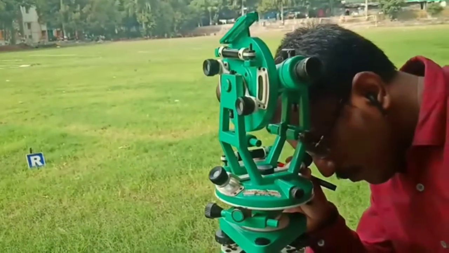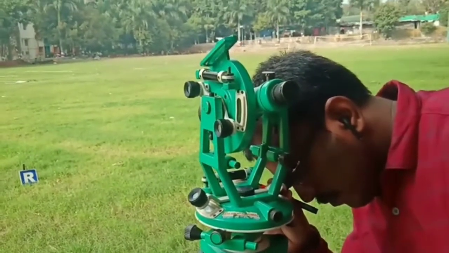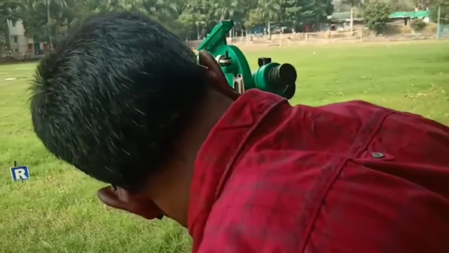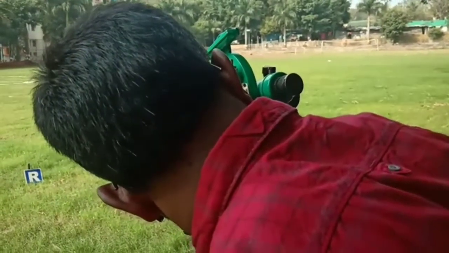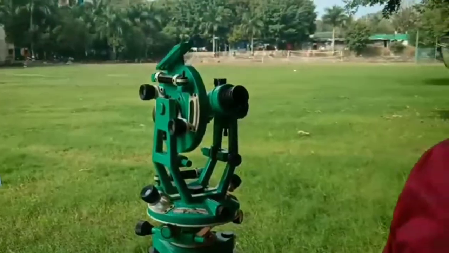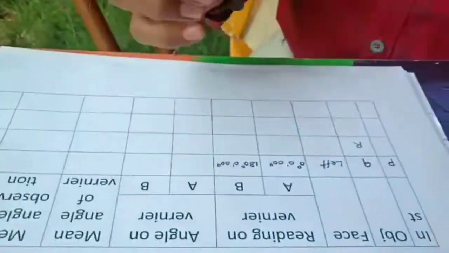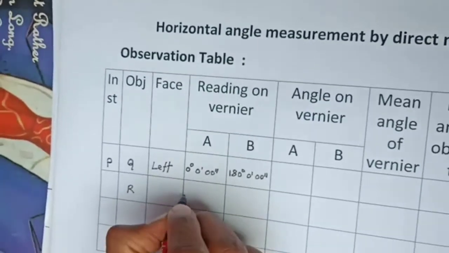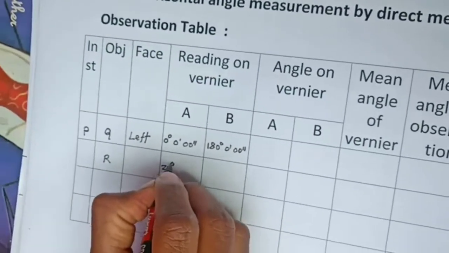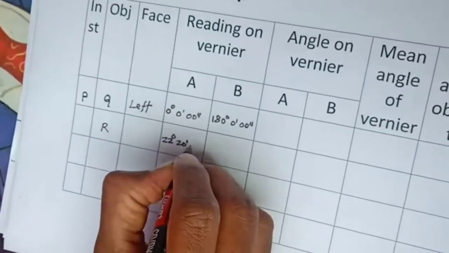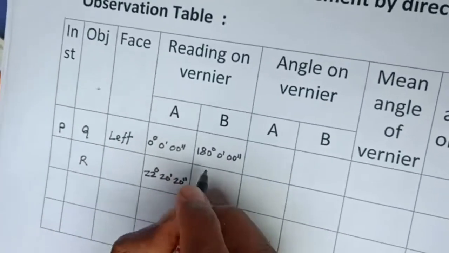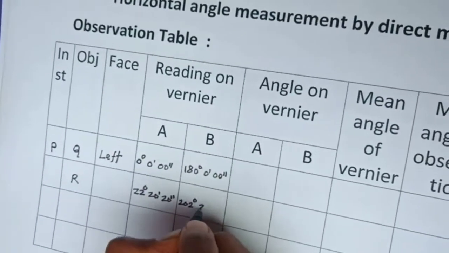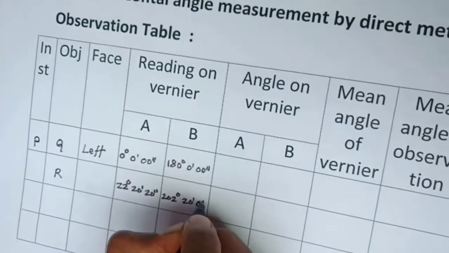Now here the readings are, at A, when you bisect R, 22 degree, 20 minute, 20 second, and at B 202 degree, 20 minute, 0 second.